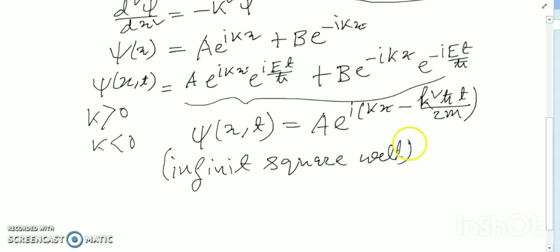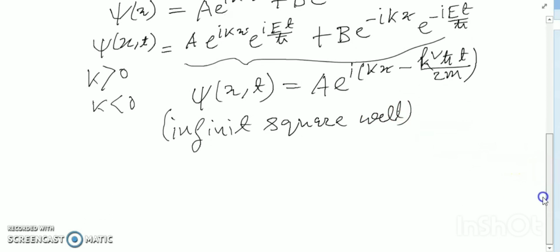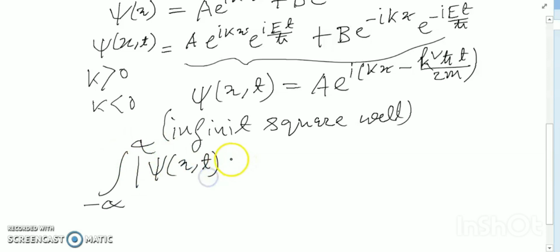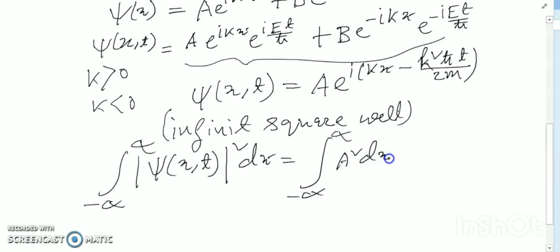So friends, now we can say that the integral from minus infinity to infinity of mod psi of x comma t whole square dx is equal to the integral from minus infinity to infinity of psi square dx, and this value equals a square.